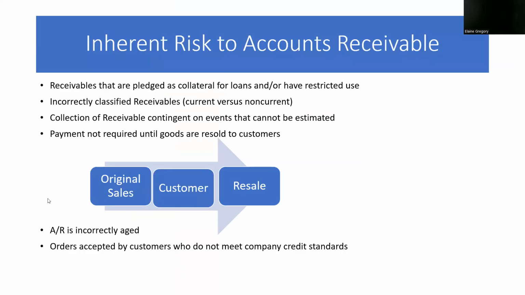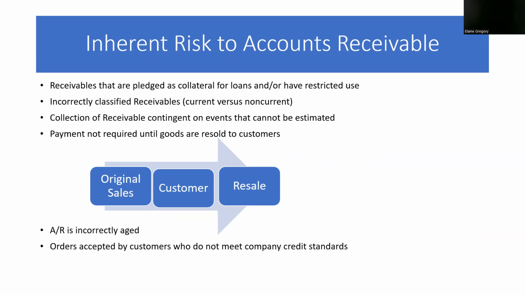Let's switch over to inherent risks to accounts receivable. We have a lot of risks with accounts receivable as well, both on the side of the sale as well as the rights and obligations of that receivable, which matches our first risk.